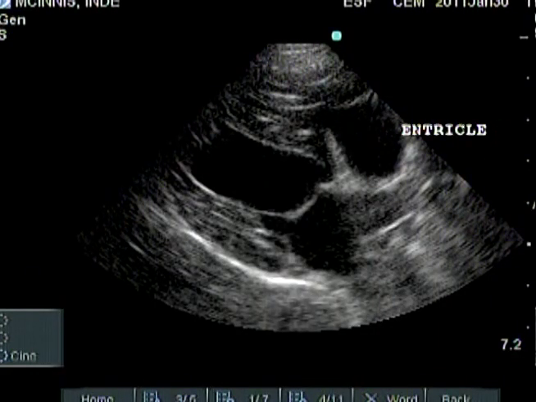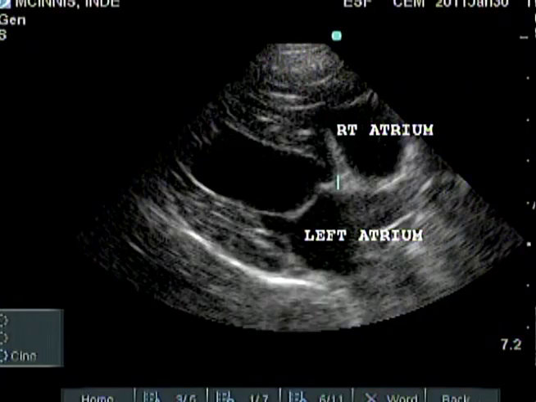The right atrium is in the near field and to the right side of the screen. The left atrium is below the right atrium and 2 to 4 millimeters larger than the right atrium. The two atria are separated by a flat atrial septum.